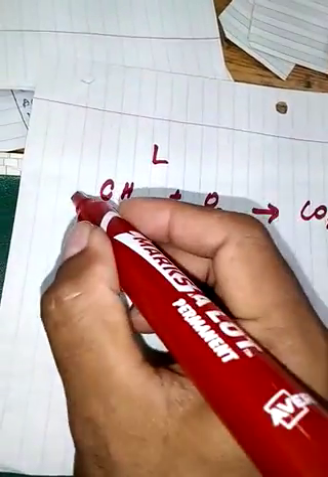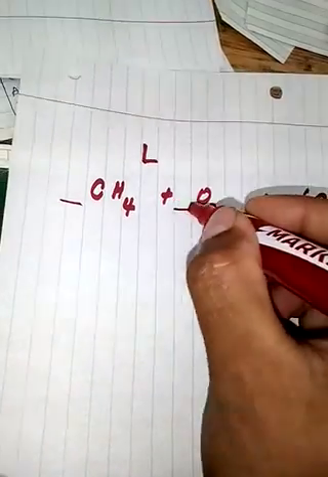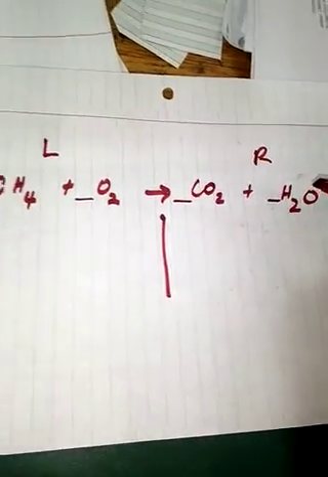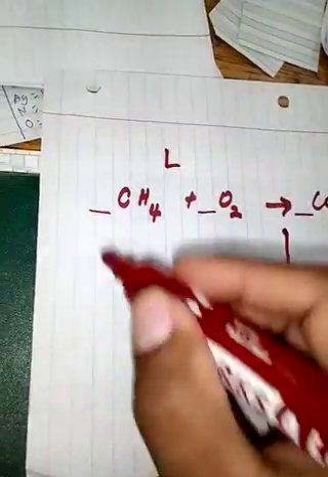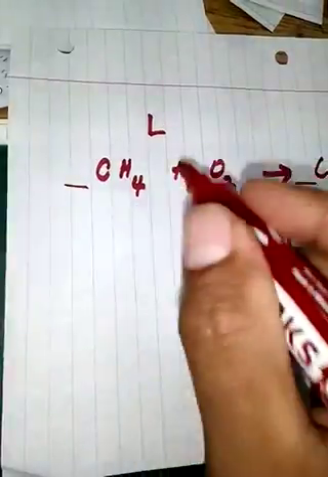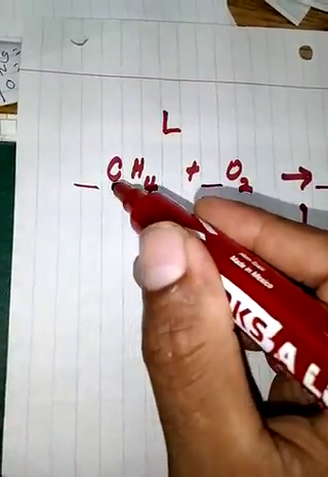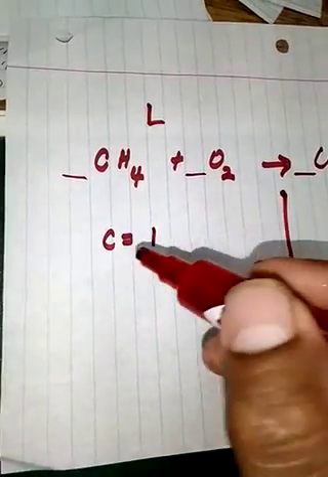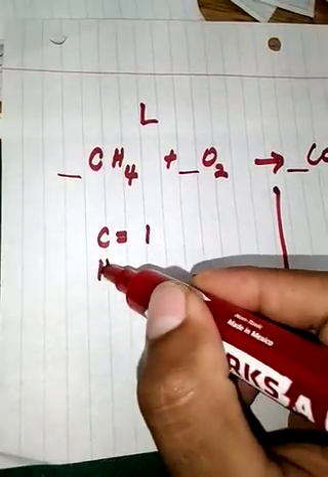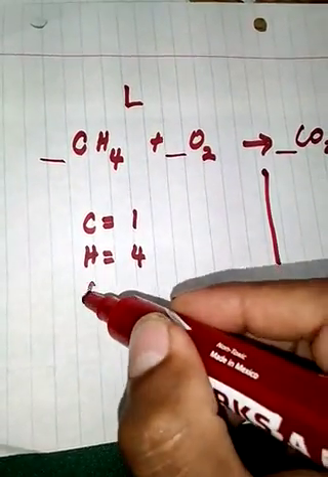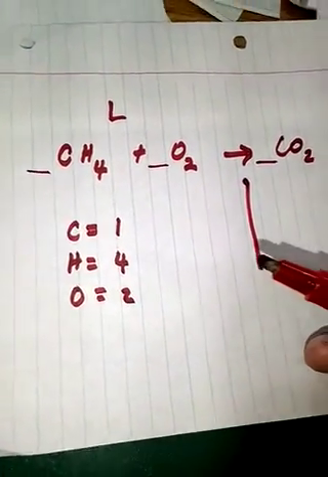Now what I told you was, before you put any number in front, before you add any coefficients, you need to write down what you actually see here. So look at the carbon. Carbon is 1, hydrogen 4, and oxygen 2.